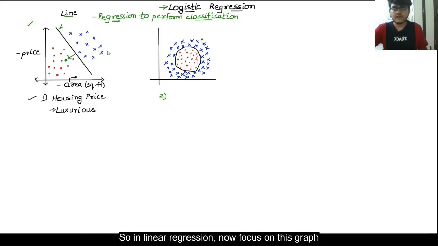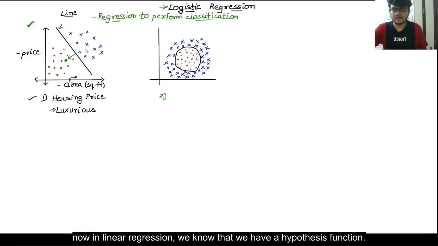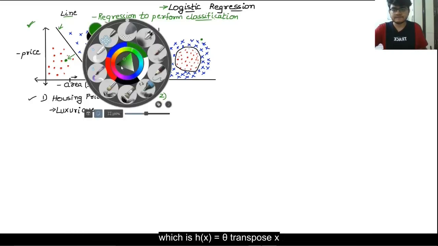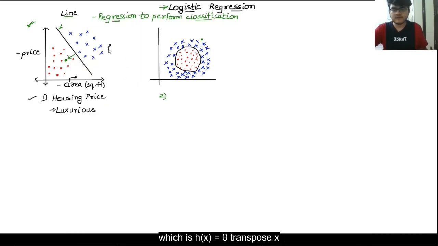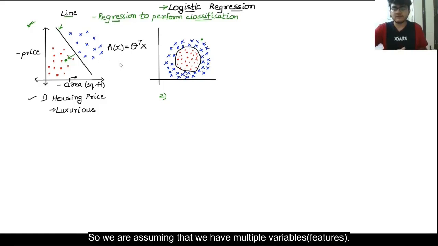So in linear regression, now focus on this graph. In linear regression, we know that we have a hypothesis function which is h(x) = theta transpose x. This comes from multivariate linear regression, so we are assuming that we have multiple variables.